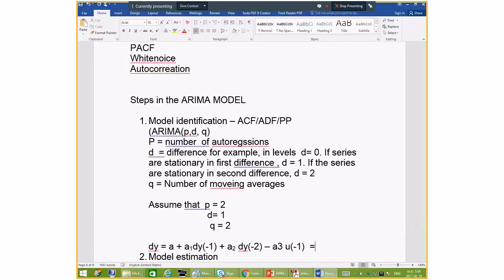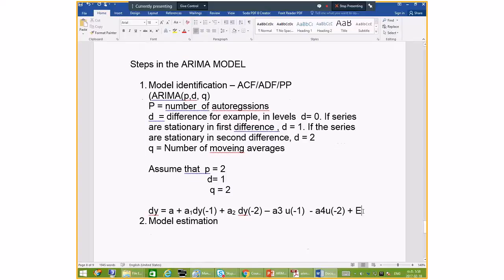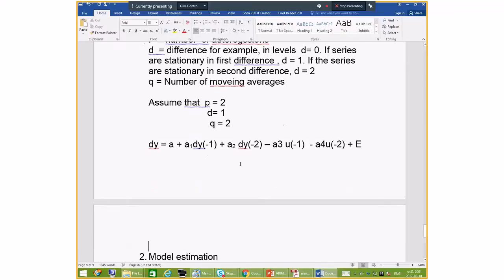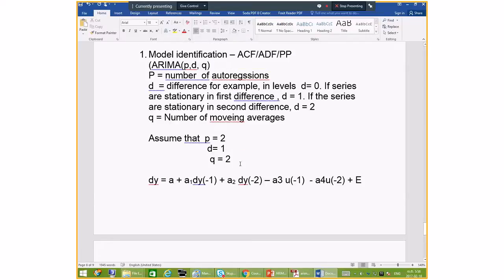Minus a4 u(t-2) plus e, that is the error, right? This is the way we write our model identification: how many autoregressions, how many differences, how many moving averages. Here a1, a2, a3, a4 are the coefficients.